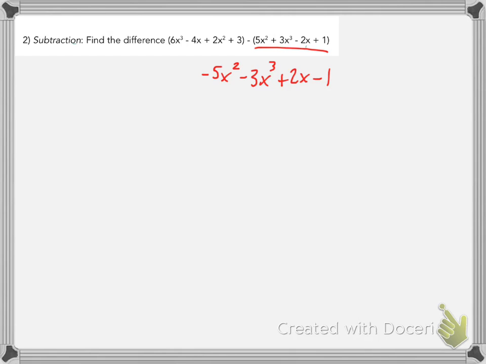So now we can just think of this exactly like the other problem. Go ahead and group all of the like terms and then get your final answer. So now we can just think of it as adding since we went ahead and distributed the negative.